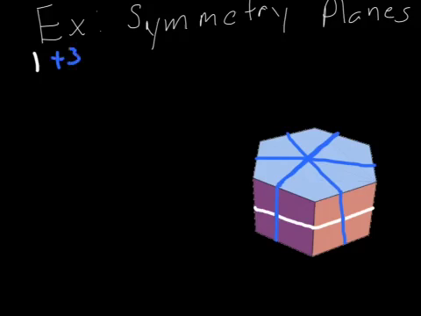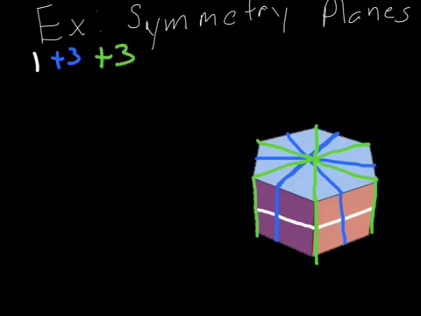Then we'll have a couple more going from this vertex down, and this one over, and then this one. So we'll have 3. Each of these planes is like taking the hexagonal prism and cutting it in half. If we take those 2 halves, they would be equal.